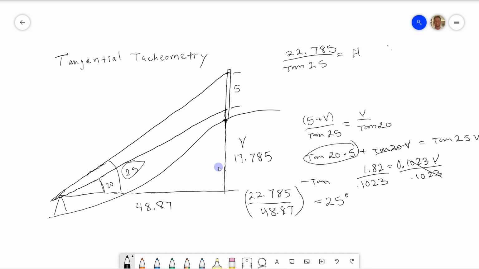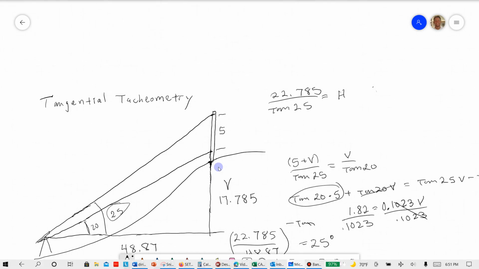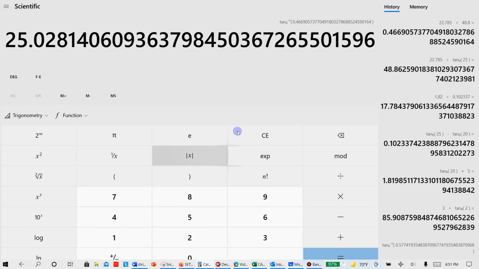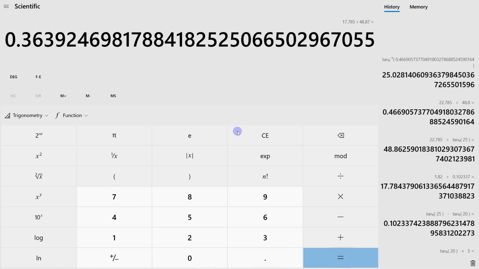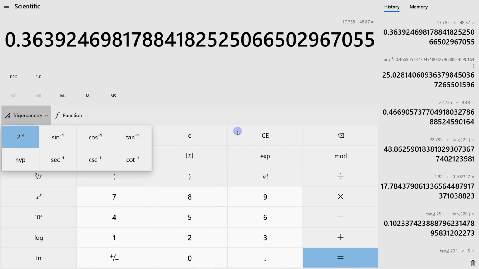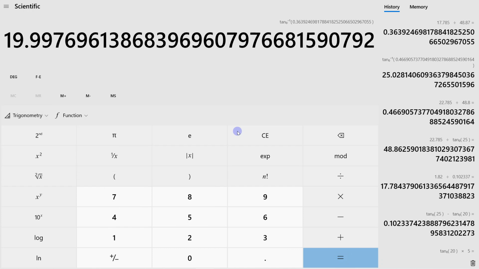So that works out, and then all you gotta do is go 17.785 divided by 48.87 equals, second function tangent, and we get 20 degrees.